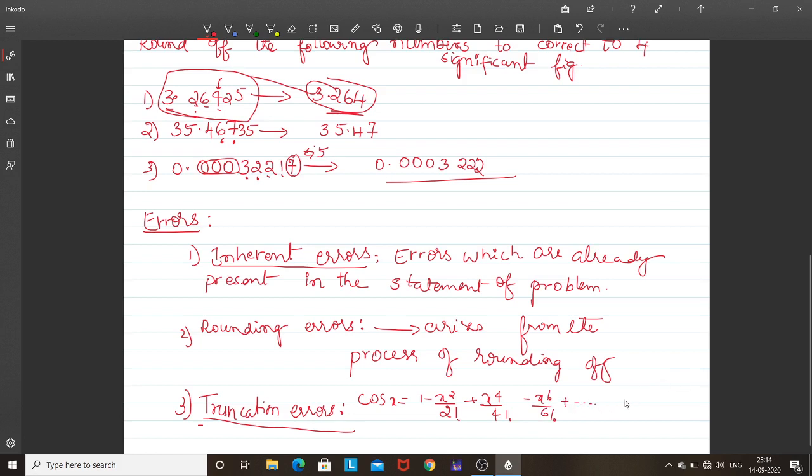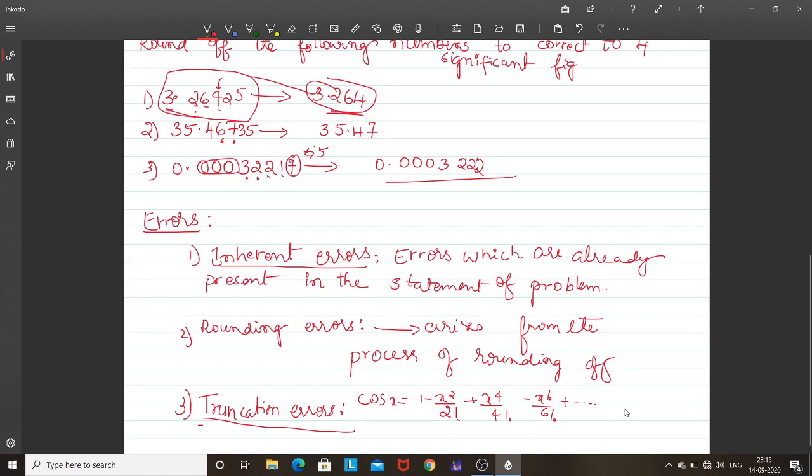This has infinite terms. We have so many terms after this. If I cut this series to n terms, if I write only up to the n terms, then I can say this is the truncation error, because you have an actual series with infinite terms, whereas you have a finite number of terms.